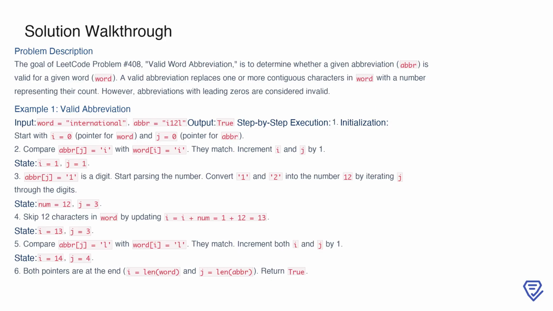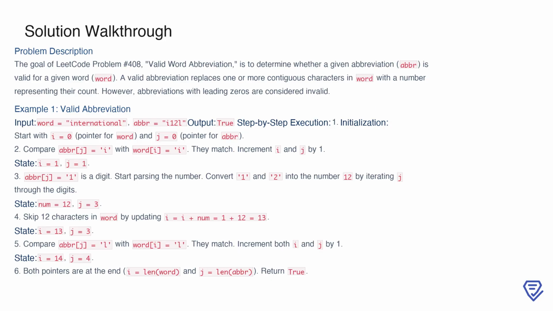By parsing the digits 1 and 2, we derive the number 12. This number tells us to skip 12 characters in the word, updating the pointer for the word accordingly. After skipping, we compare the next characters, l from the abbreviation and l from the word. They match, so we increment the pointers again. At this point, both pointers have reached the end of their respective strings, meaning the abbreviation is valid, and we return true.